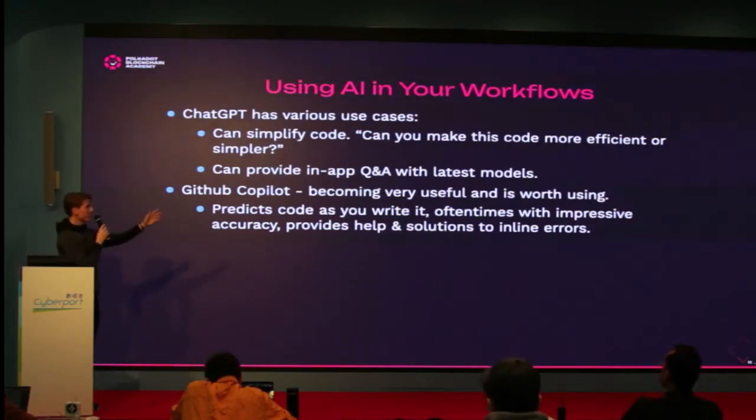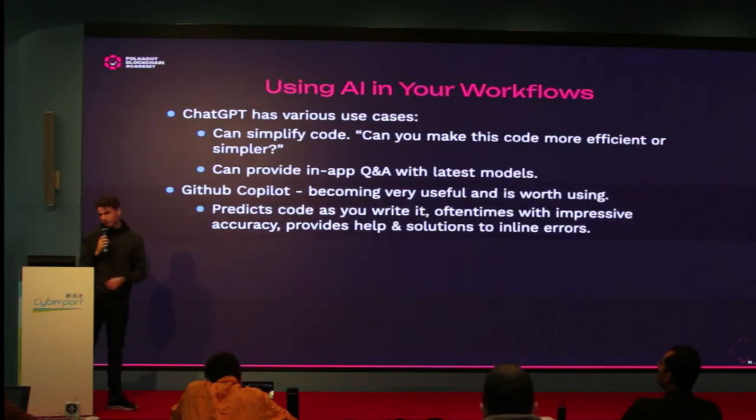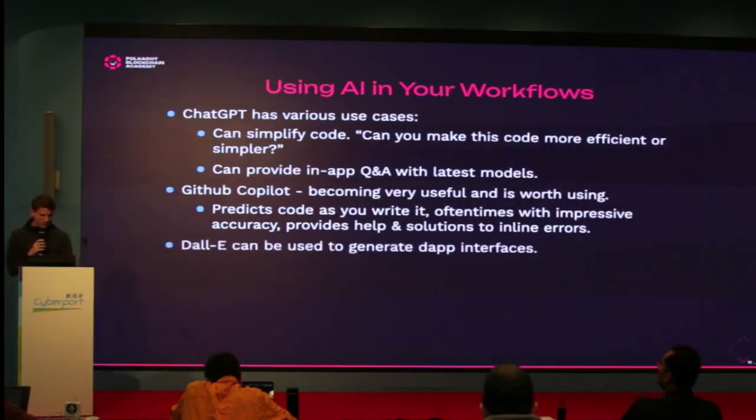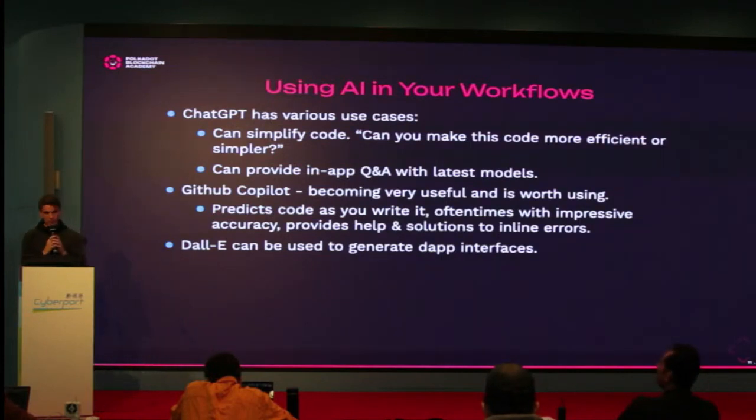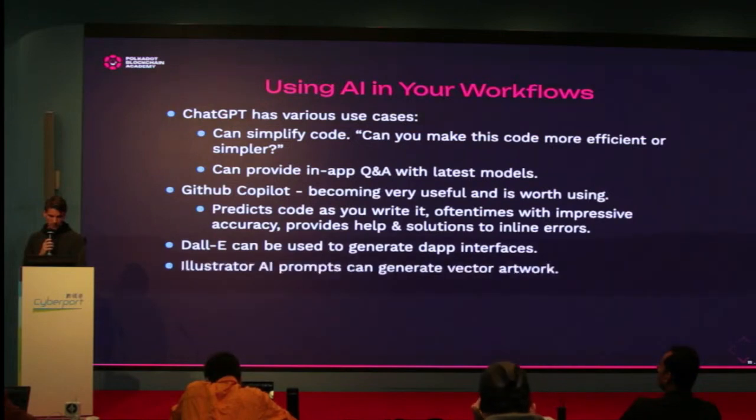So yes, it can predict code as you write it, sometimes with very impressive accuracy, and also provides solutions to errors and can help you out in that way. Image generation like DALL-E or Midjourney can be used to generate dApp interfaces, pretty useful for conceptualizing interfaces.